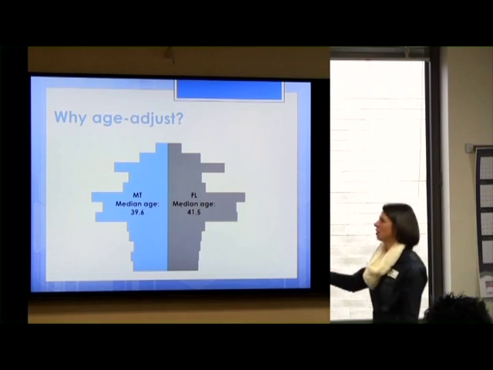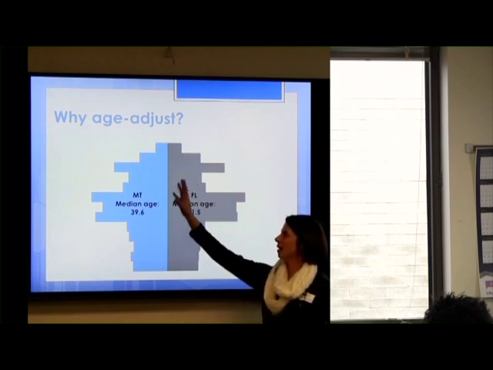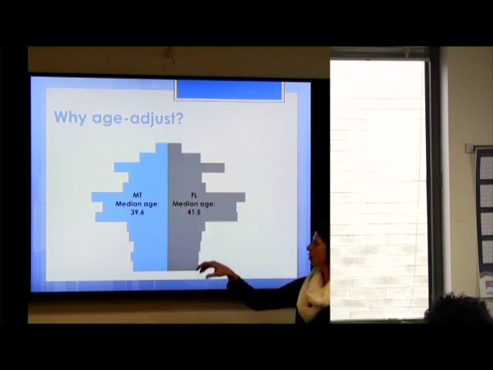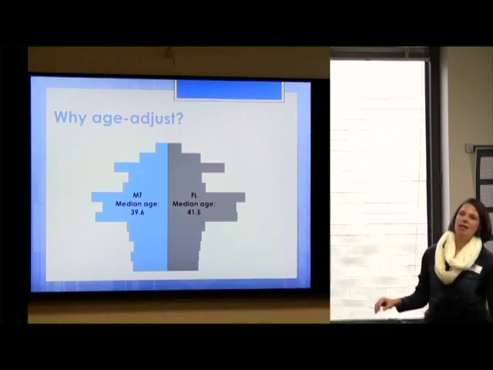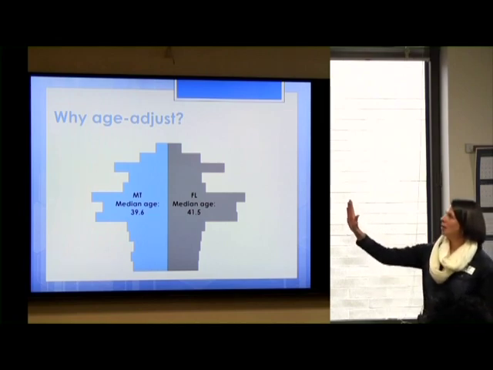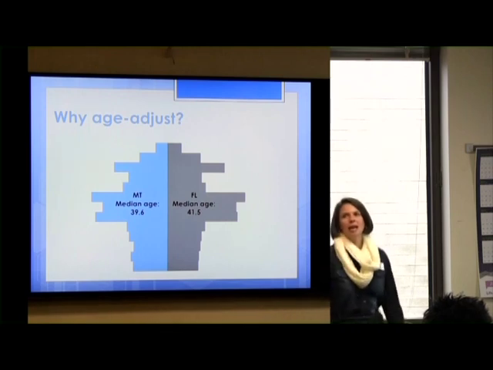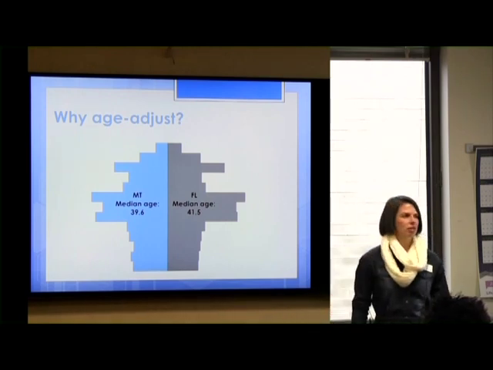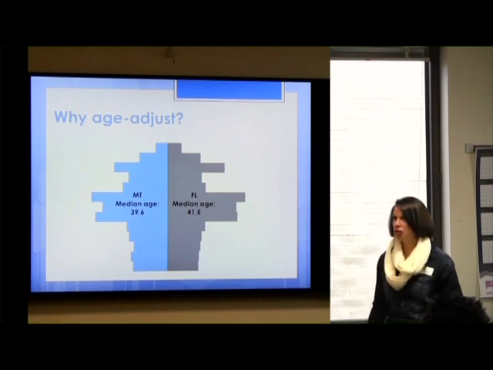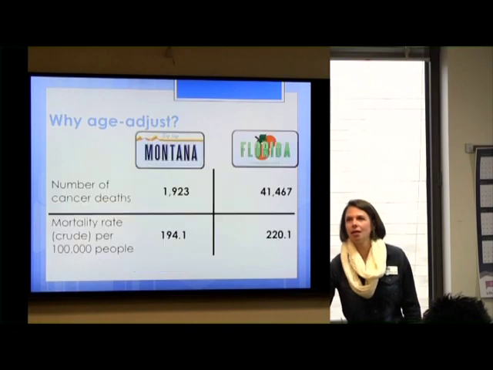Young age is at the bottom, and this is old age, and this is kind of the percent of population that's in each age group. So both populations are centered around middle age. It kind of looks to me like Florida leans a little bit this way towards the top, towards the older population. But the average age of Montana is 39.6 years compared to Florida, which is 41.5. So Florida's a little bit older than Montana.